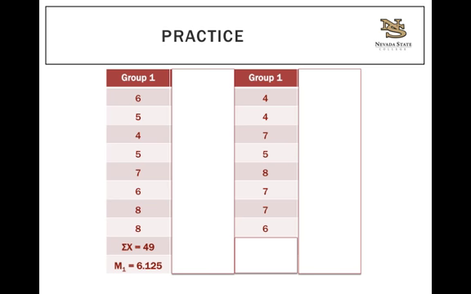For group 2, my sum is 48, divide that by 8, and we get an even 6. So far we can see that these means aren't that different, right? They're only a difference of 0.125, but as we now know from statistics, just looking at the numbers isn't going to tell us if they're significantly different from one another, and so that's what the t-test is going to tell us.